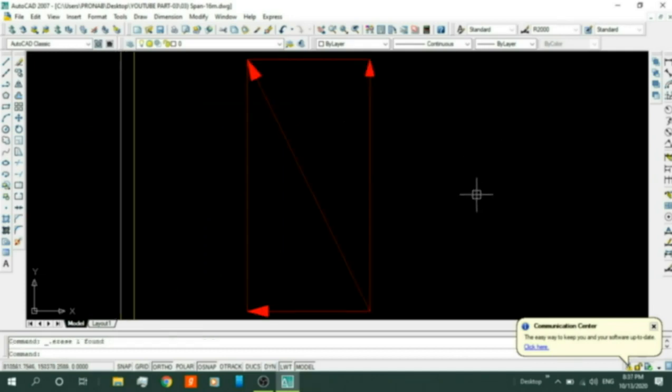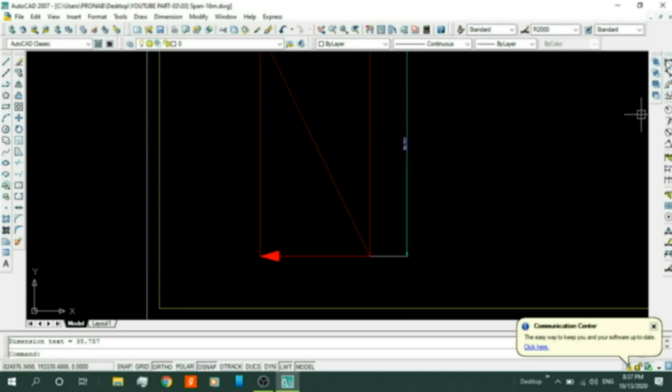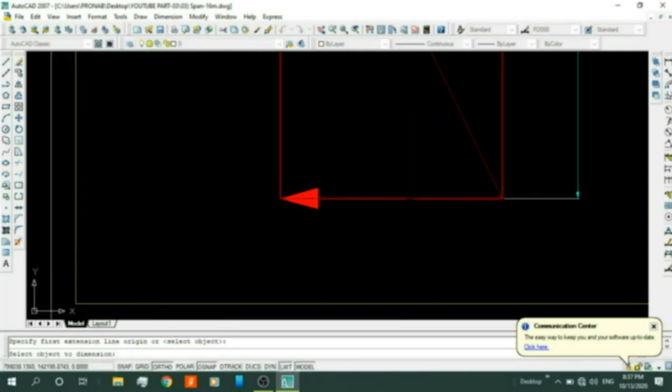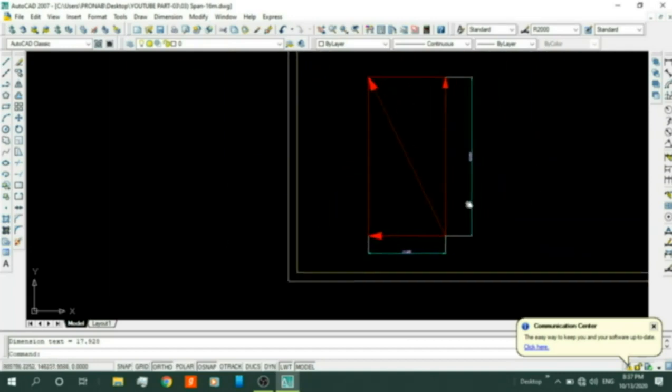The value of vertical component of the load is 35.757 and horizontal component is 17.928.